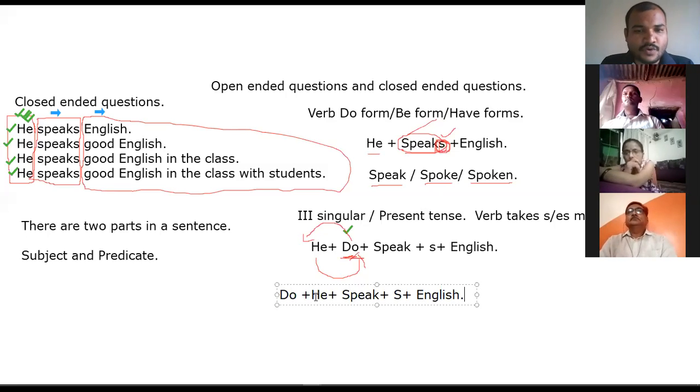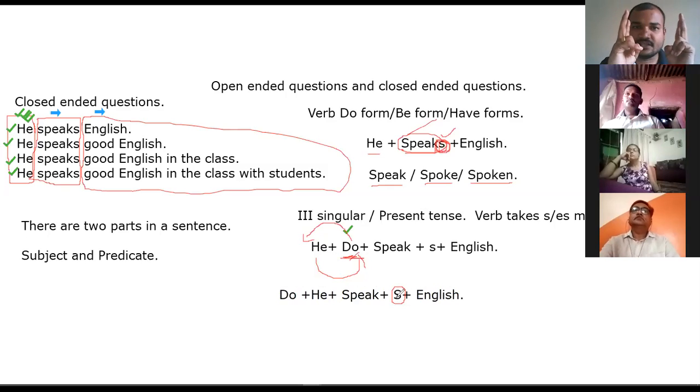Okay. So what we are talking about is third person singular. Whenever we are talking about third person singular, the letters s or es, these are the two we are talking about, correct?